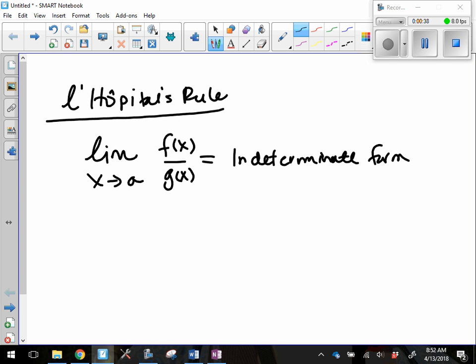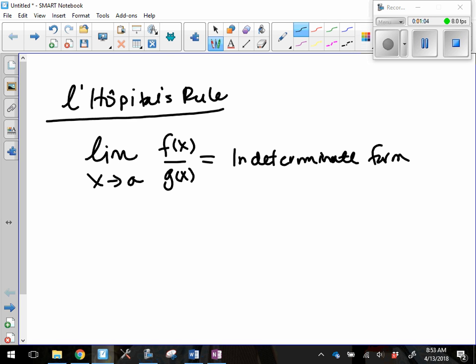What's another indeterminate? Infinity over infinity. What else? Not necessarily, I'm not sure that's one that goes with this. What are some other ones that we started talking about on Wednesday? 0 to the 0, something to the infinity.